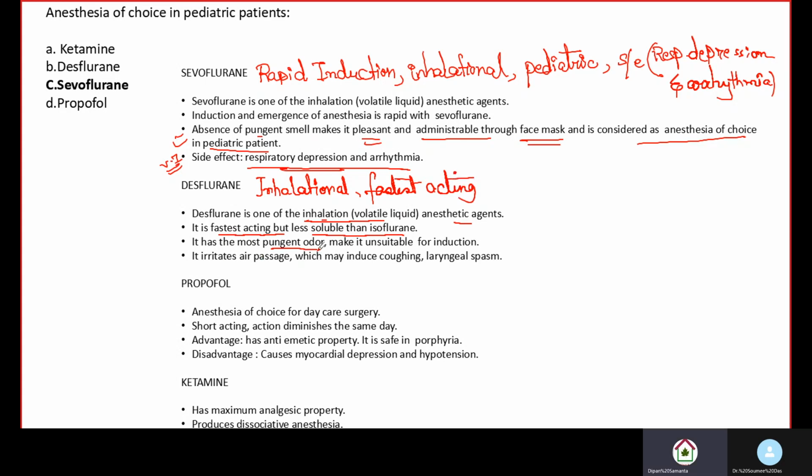Most pungent odor makes it unsuitable for induction. It irritates the air passage and may induce coughing and laryngeal spasm.